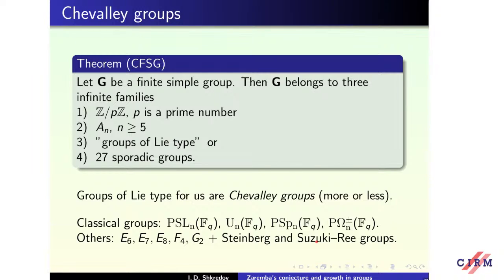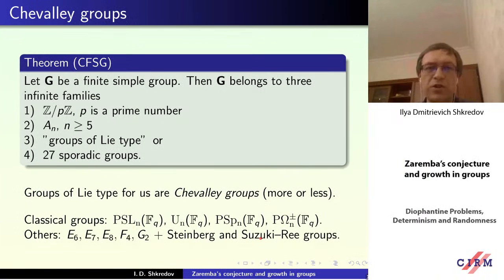I want to study growth in so-called Chevalley groups, or groups of Lie type. For us, these words are synonymous. So we know from the classification of finite simple groups that there are three infinite families of groups: the prime field, the alternating groups, and groups of Lie type, and 27 sporadic groups.